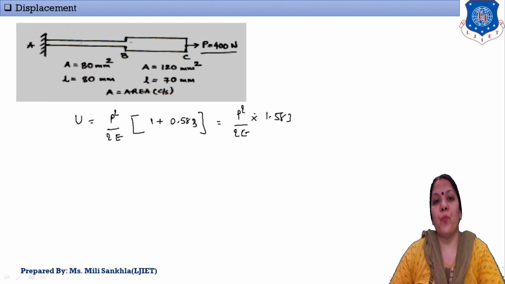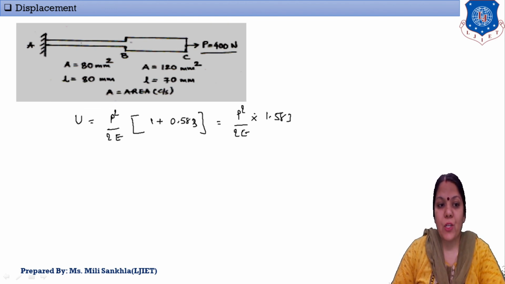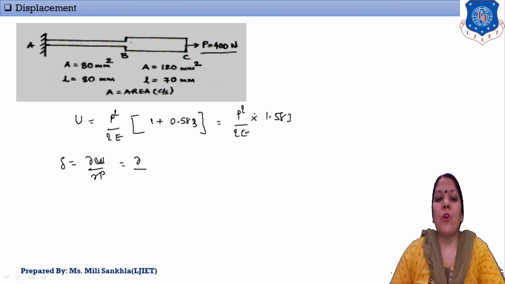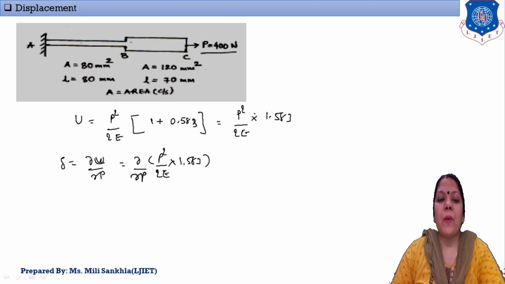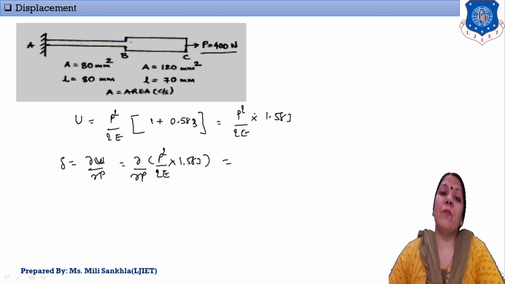That is equal to P squared over 2E into 1.583, that is U. Now if you remember, deflection is equal to del U by del P. So our answer for U is P squared by 2E into 1.583, and we differentiate with respect to load.